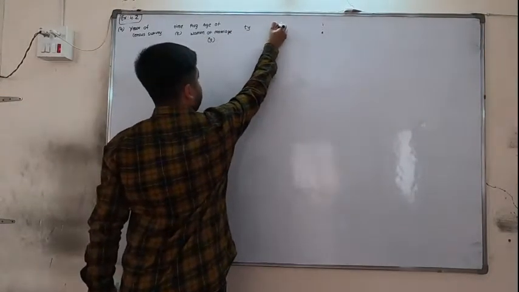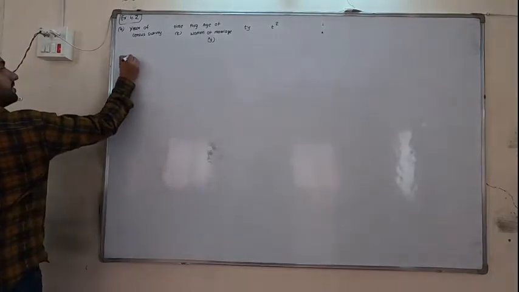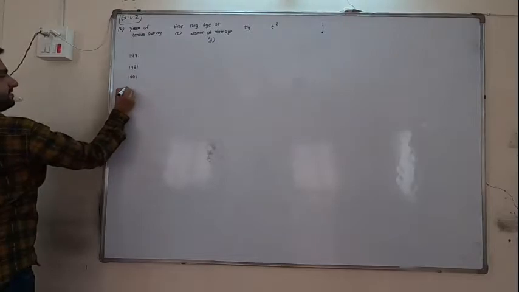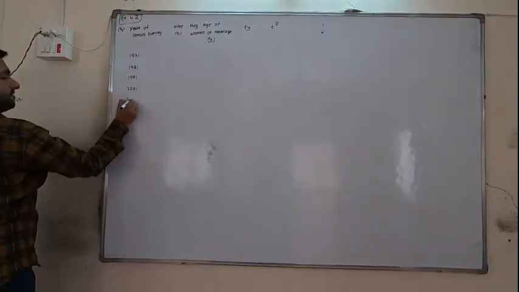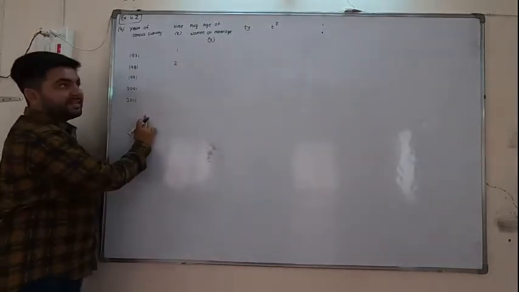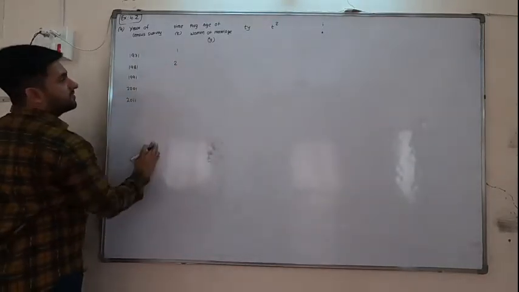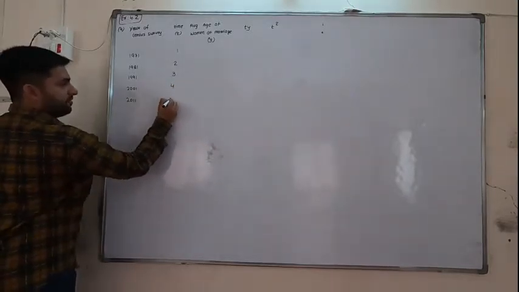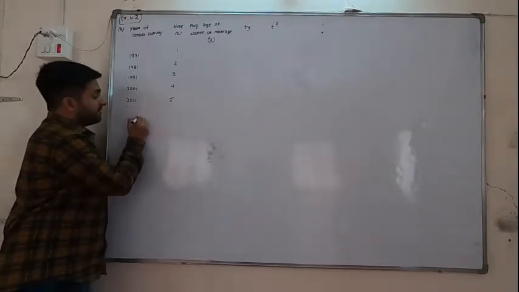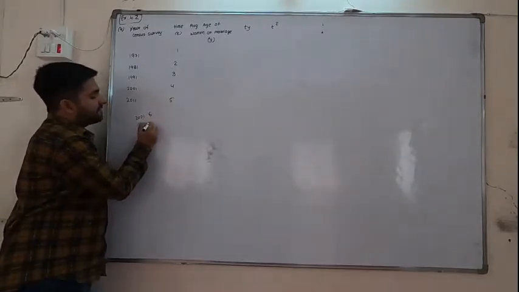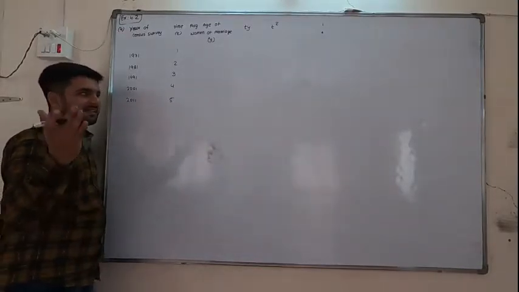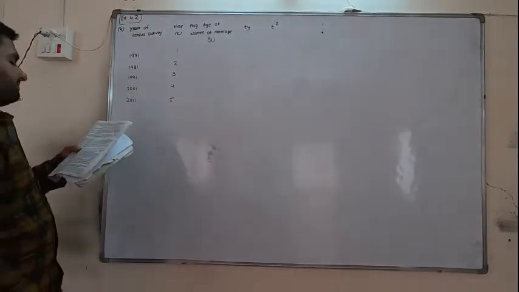Then t times y, and t square. The years are 71, 81, 91, 2001, 2011. 1, 2. See, the difference for all is 10, so we will assign 1 value after every 10 years. So again 3, 4, 5. Now if in the estimation they are asking for 2031, then since 2021 is 6, 2031 should be 7. You have to think about that point. But here directly 2021 is asked, so we know that it is 6.